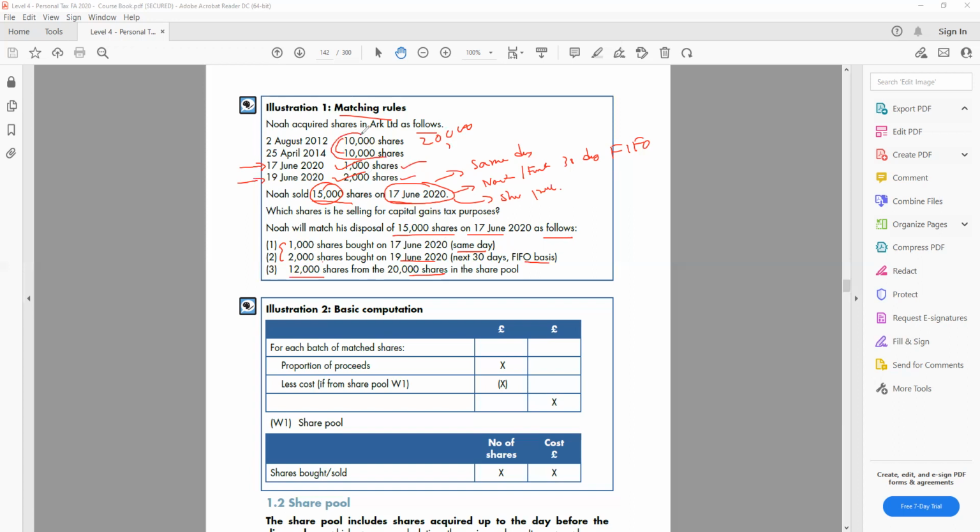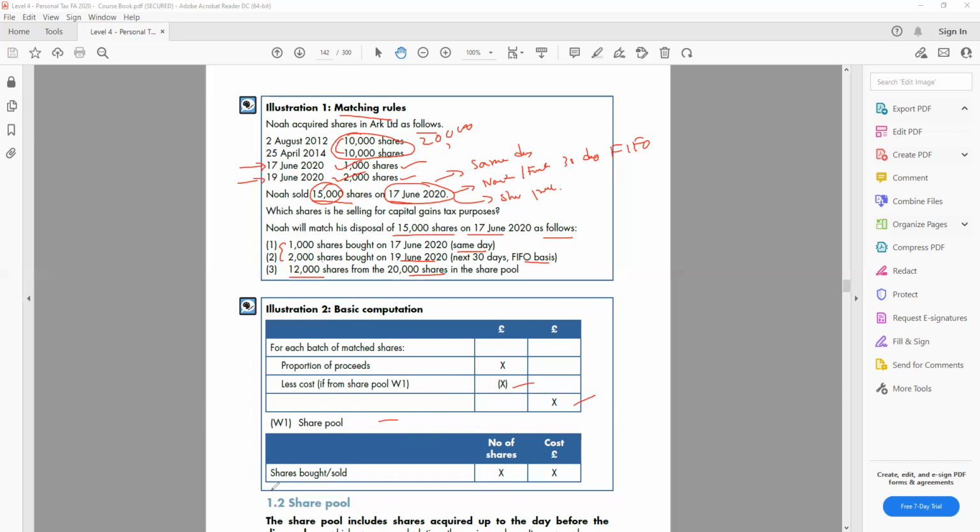from this 20,000. Now for this one from the share pool, the cost can be easily calculated, divided by the number of shares. Basic computation, how do we do that? We say how much you sold it for, proportion of proceeds, and then less the cost from the pool. So we find the gain for that, and in the share pool, anything remaining will be brought forward.